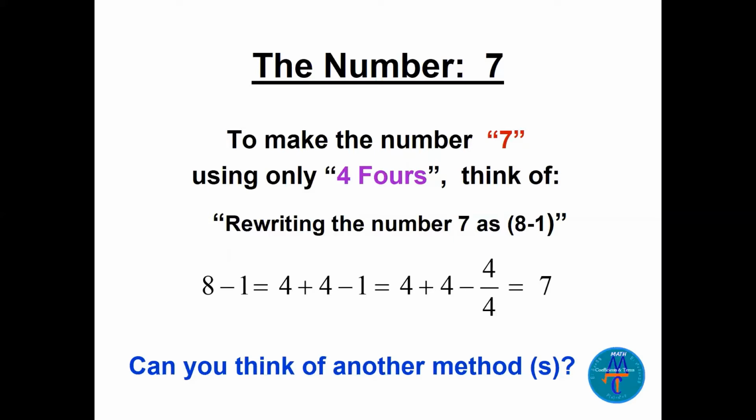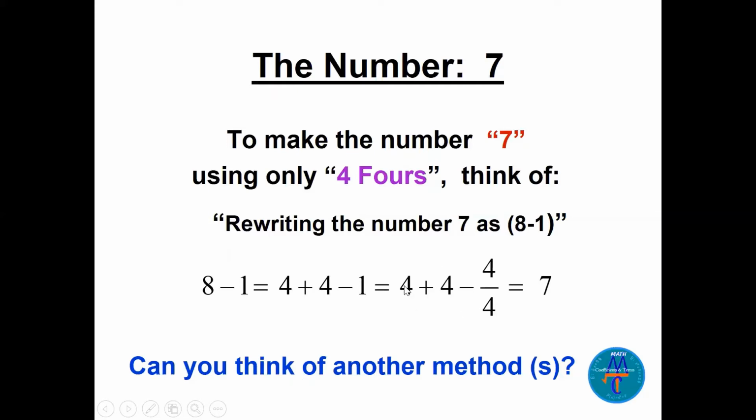Now, how did I reach 19 methods to write 7 using 4 fours? Can you think of another method or methods other than this 8 minus 1? So the 8 is 4 plus 4 minus 1. Please, you can pause the video and then find more ways.